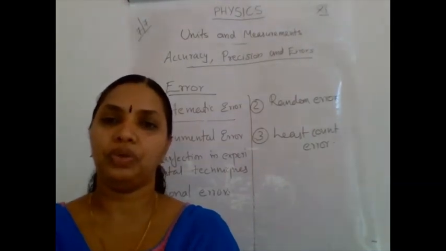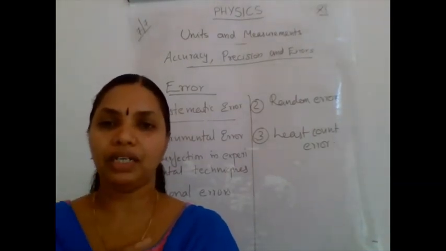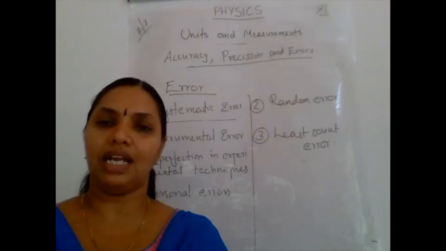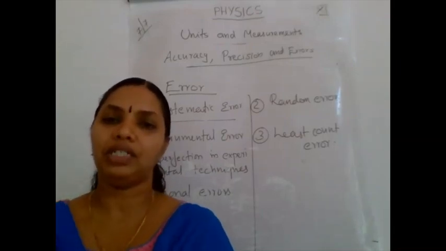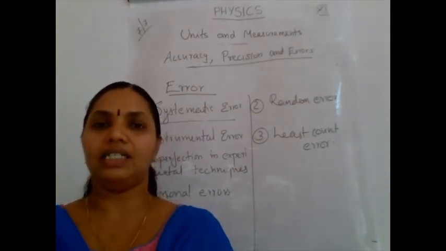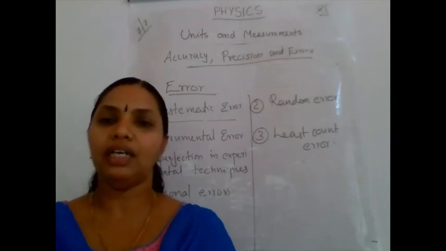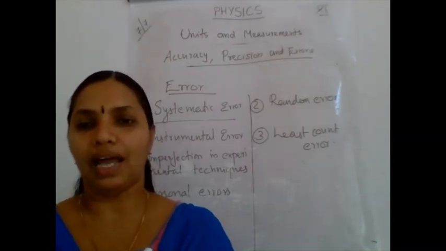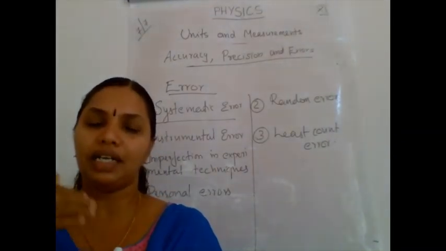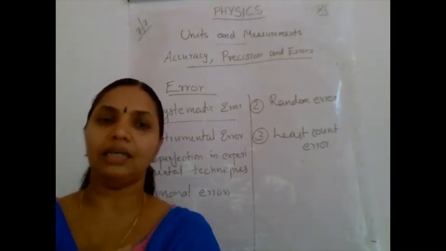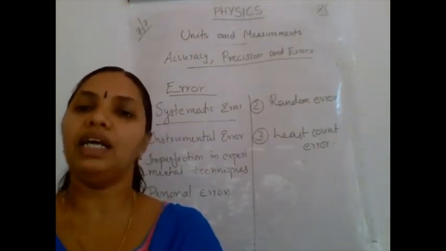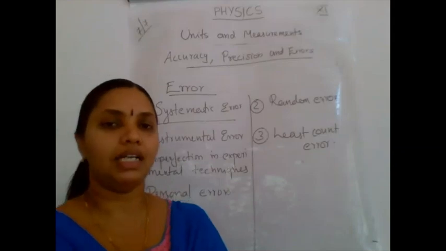Is that the u value? No, that is our personal error. And every time you measure the same way, systematically, in that order, we will get the wrong answer, isn't it? So that is the personal error, an imperfection in the experimental technique also. So that comes under the systematic error.